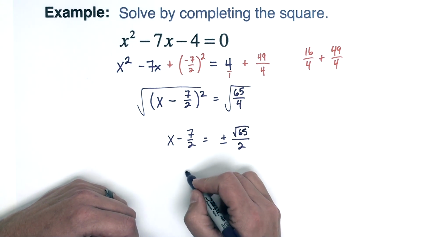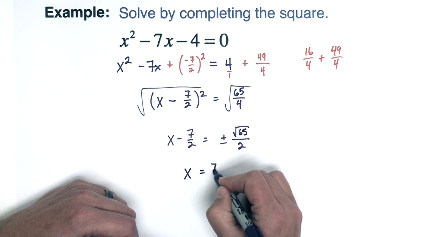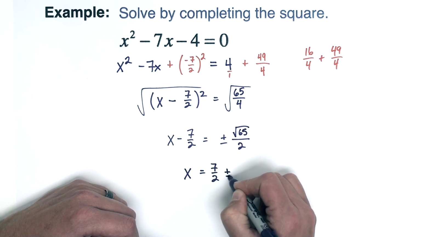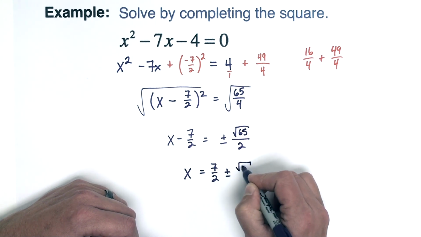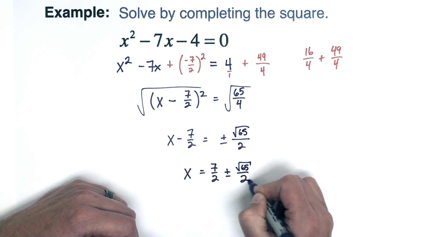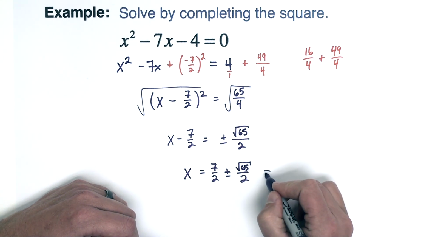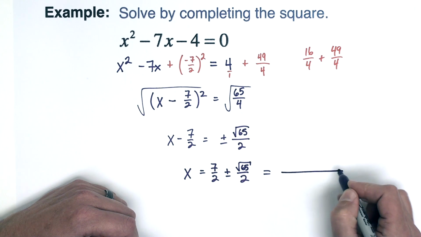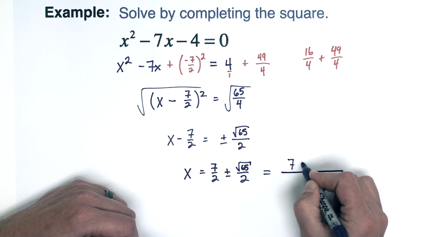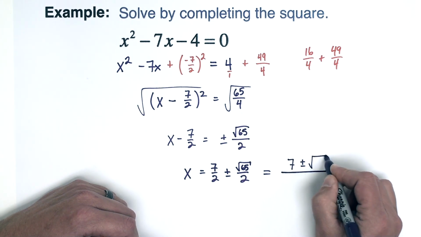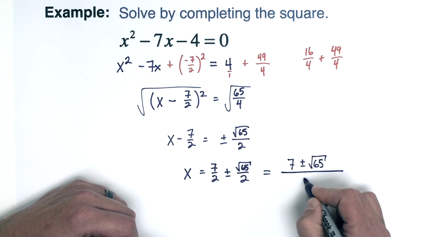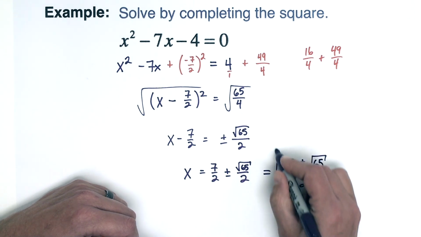Now I'm going to move the 7 halves over, so x equals 7 halves plus or minus square root 65 over 2. So I'm going to put those together because I like this as just one fraction. 7 plus or minus square root 65 over 2.